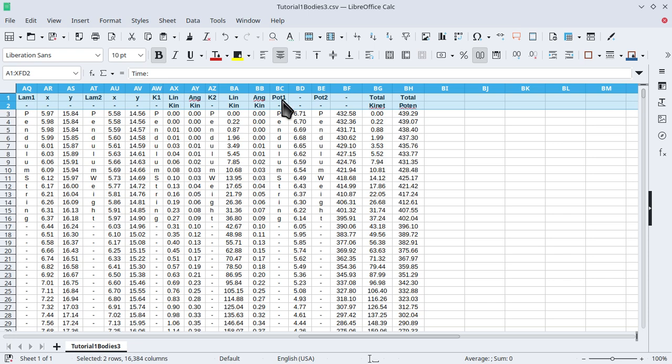And then there's the potential energy of the body, potential energy of the weight, of the string, potential energy of the weight, total kinetic energy, total potential energy.